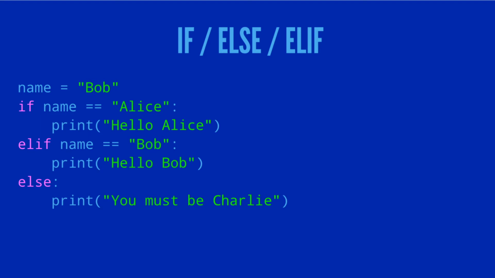What would get printed? Yeah, you're all right. Because it doesn't fit either of the first two statements, the else would catch it and it would be you must be Charlie.